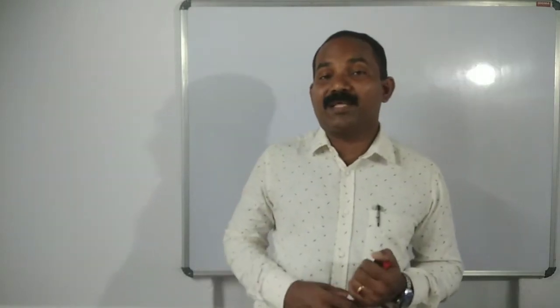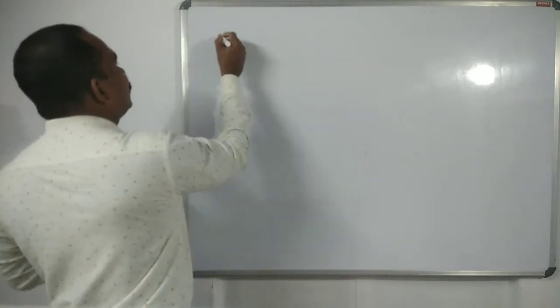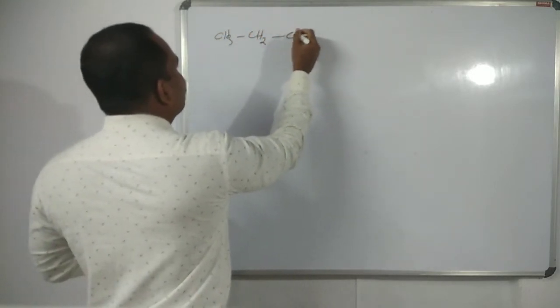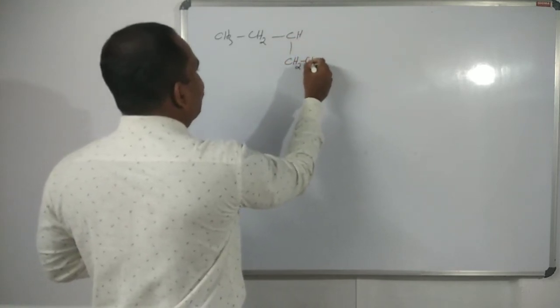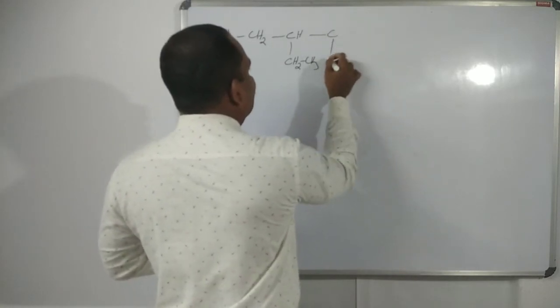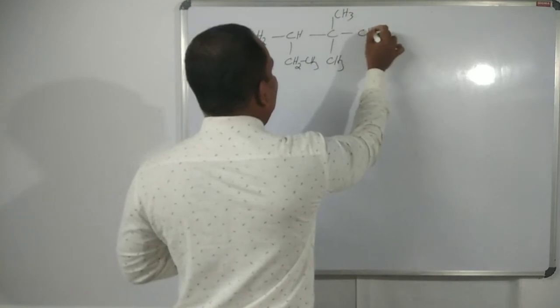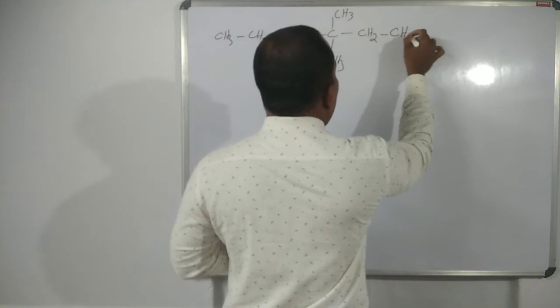Next we consider the molecule which contains different kinds of substituents. Let's take an example. CH3, CH2, CH, CH2, CH3, C, CH3, CH3, CH2, CH3.